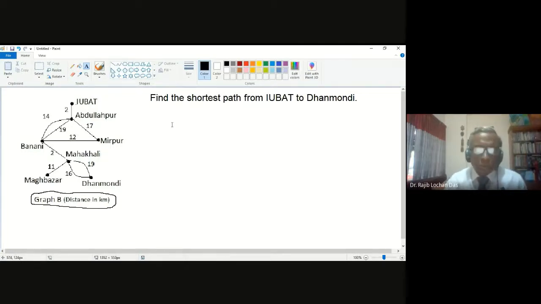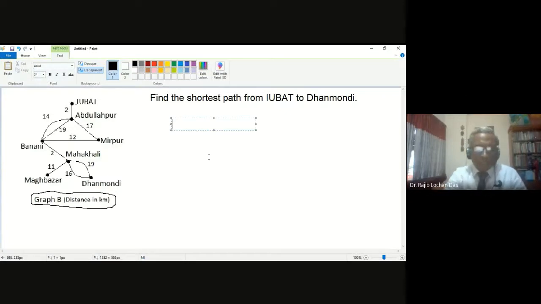So you will take I, then A, and then you can take Bonani. You can also take the route or edge for Mirpur. So if I write Mirpur, and then you have to come back to Bonani, because no other ways.